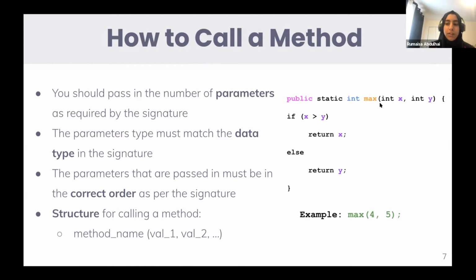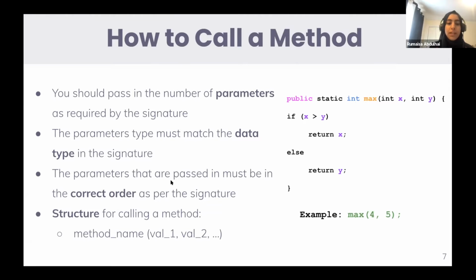Because there are 2 parameters, we only put in 2 parameters. We cannot have max 4. We need 2 numbers. The parameter types must also match the data type in the signature. So we cannot pass in a double, right? We cannot do max 4.7, 5.8. We can't do that, because here it says it has to be an integer: integer x, integer y.